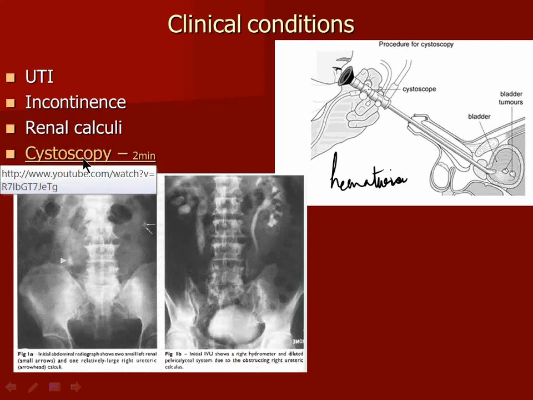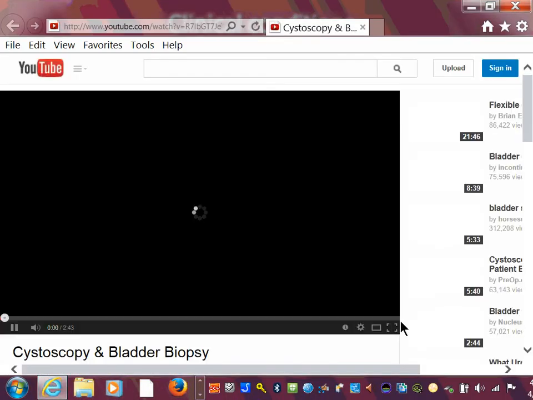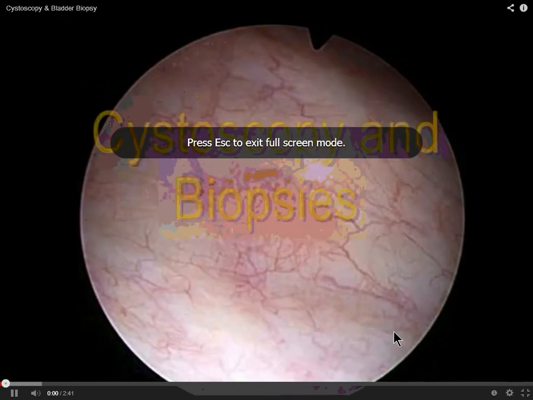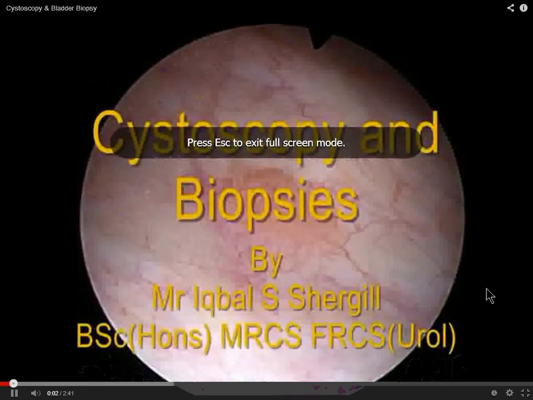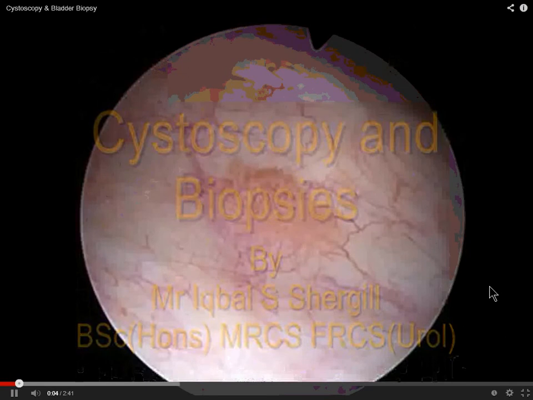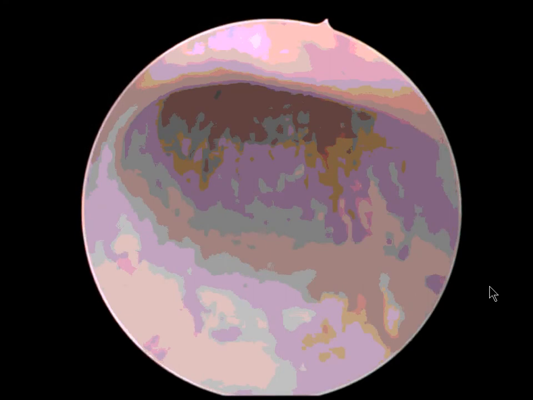I thought this would be an interesting video for you to see the trigone and how the urethra is present. So let's take a look here. It shows the bladder wall. Here it's being passed through the urethra. So it's a male urethra, and you can see it's long.